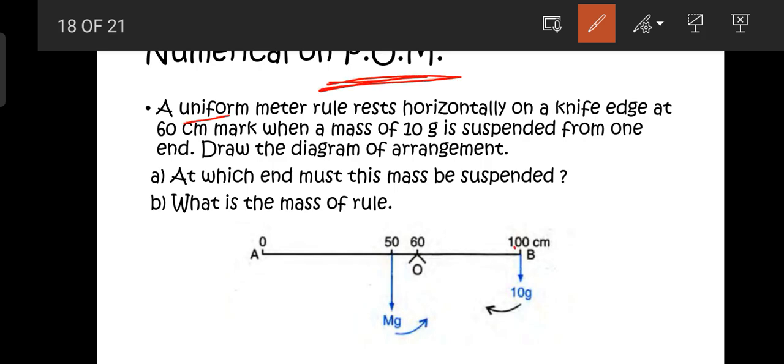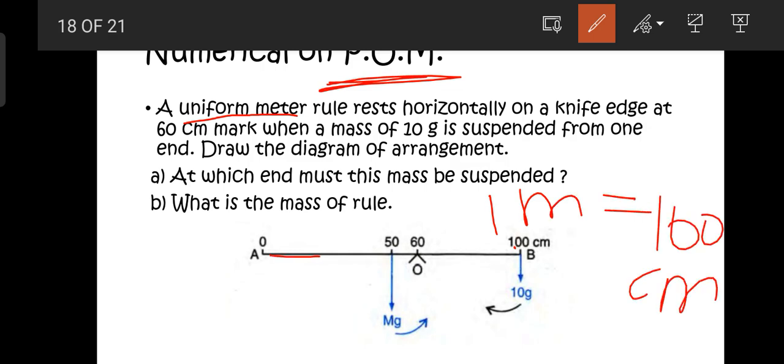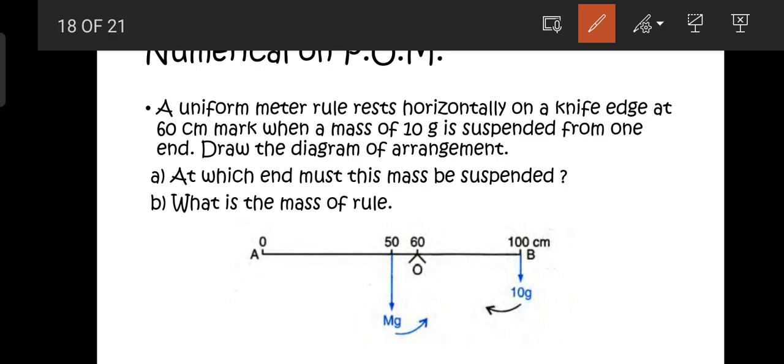Now a uniform meter rule. Meter rule means 1 meter is equal to 100 centimeter, so this is a scale of 100 centimeter. A uniform meter rule rests horizontally on a knife edge at the 60 mark, which means this is the pivoted point.